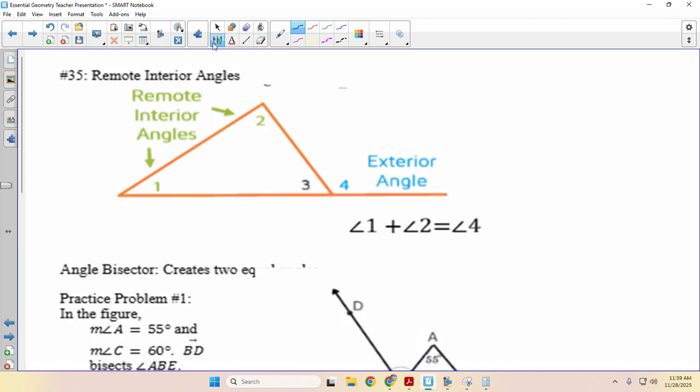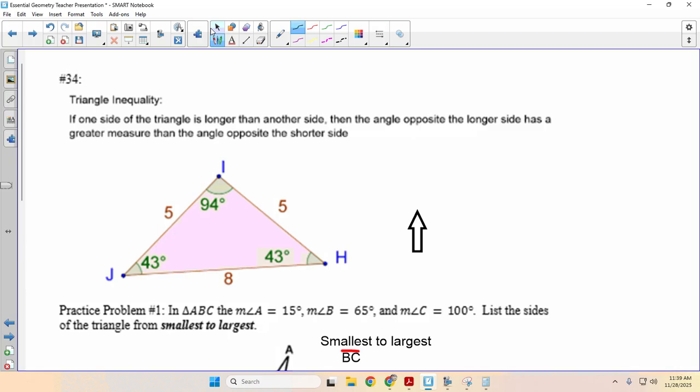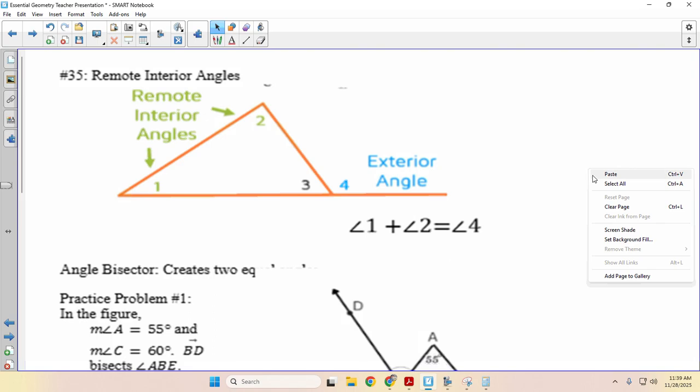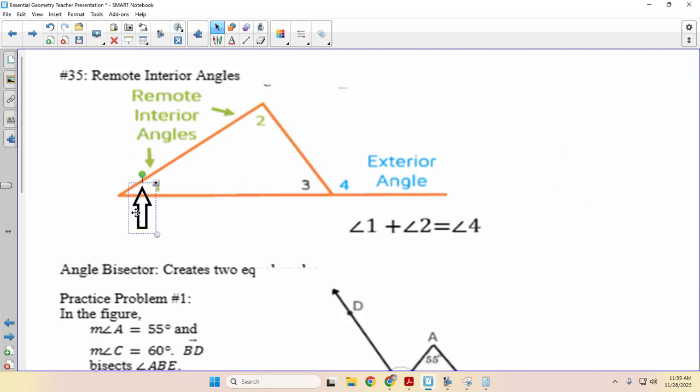Okay, remote interior angles. We've met this little buddy before. So this is kind of a review. But remote interior angles says that the two angles on the inside of the triangle add up to equal this little outside angle here.